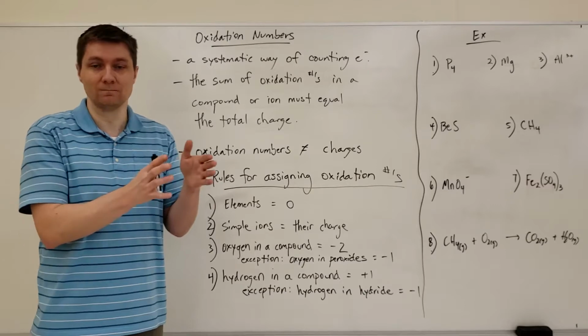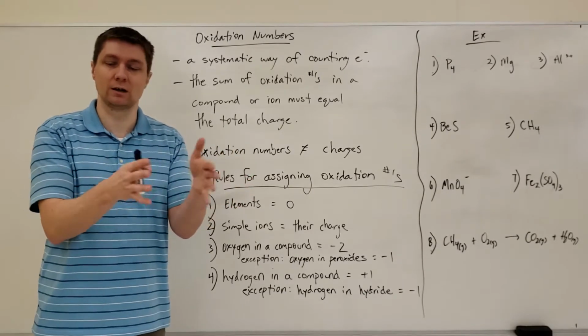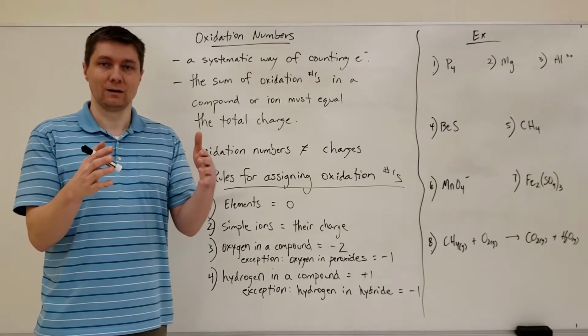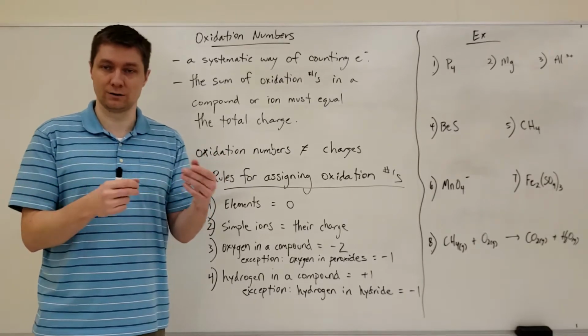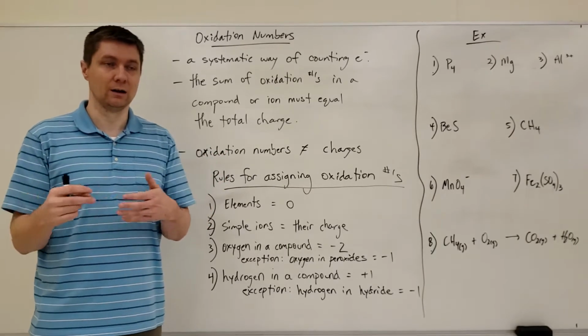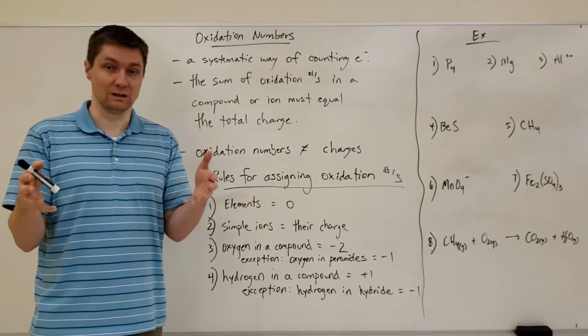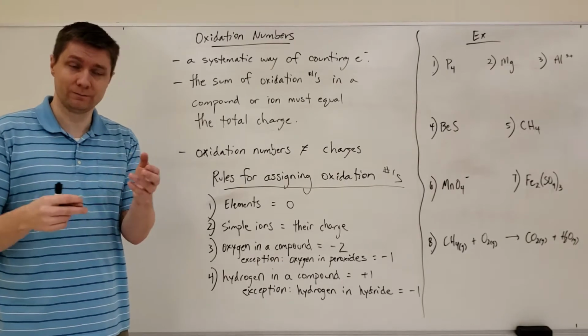So, for example, if I've got a compound that has a neutral charge, then the sum of all the oxidation numbers is going to equal 0. If I have a compound that has a charge on it, so an ion, either a simple ion or a complex ion, then the sum of the oxidation numbers will need to equal the charge on that ion.